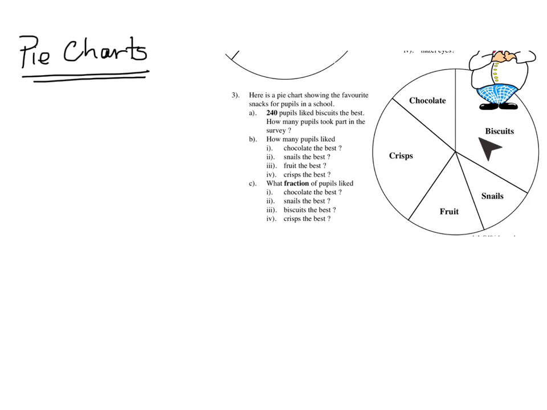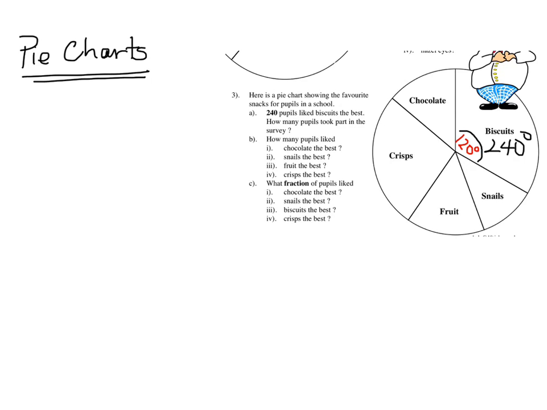Now the pie chart gives me angles, so I need to turn that into students. So what I'm going to do, since I already know that there are 240 students in here that like biscuits, I'm going to measure this angle and try and figure out how many students that is. So I've measured it already, and I know that this angle is 120 degrees.